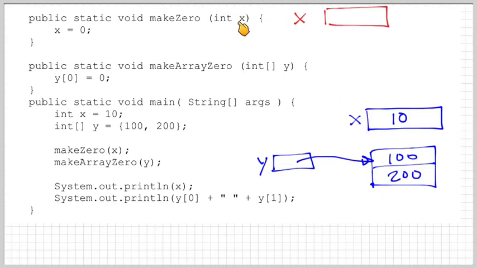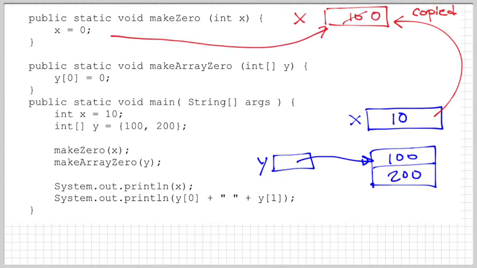But I use red here because it is a local variable to this method. And so when I feed in the value of x here, this value, 10, gets copied up here. And then I say x equals 0, and this x again is the red x, my local x, so this changes to a 0.